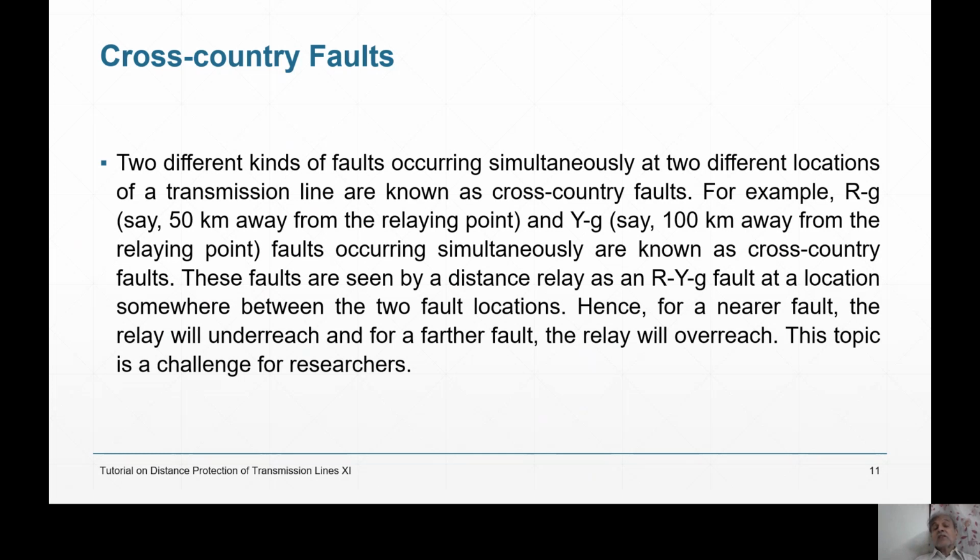If you can calculate that percentage overreach, you can develop a formula, an algorithm, based on which you can find out the correct impedance. These are the points which are being researched. So we don't talk much about it, but we try to understand that by series capacitor there is overreach.